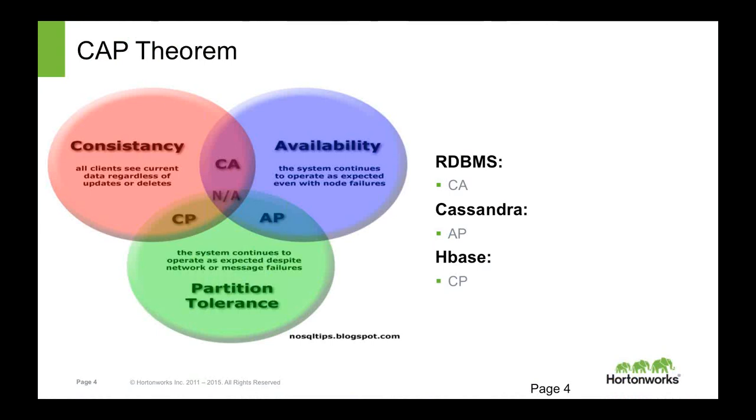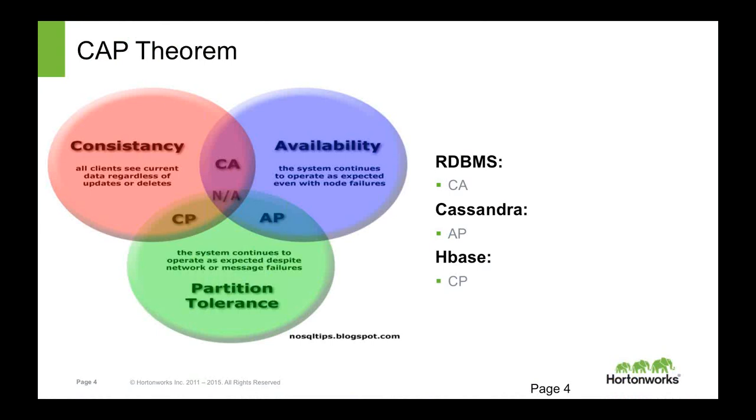Other database systems, like Cassandra, are considered AP, which means they can run on many nodes, so they're partition tolerant, but also more highly available. HBase, as we'll see, is considered CP, so it is consistent and partition tolerant. Now, all these have certain trade-offs.